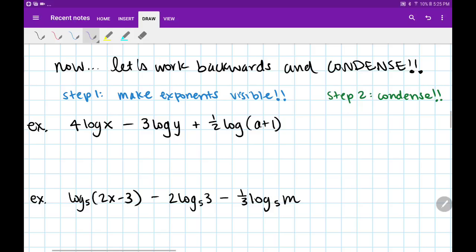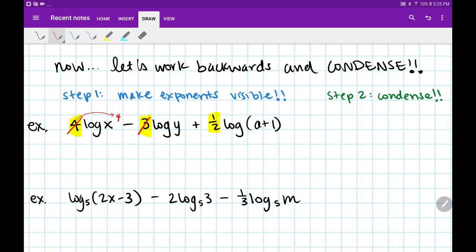So here are our steps. Step 1, we need to make our exponents visible. Here's what I mean by make your exponents visible. Any numbers that are being multiplied in front of our logs, those are really exponents. We need to rewrite them in the proper place. So cross it out, move it up here. That's x to the 4th.